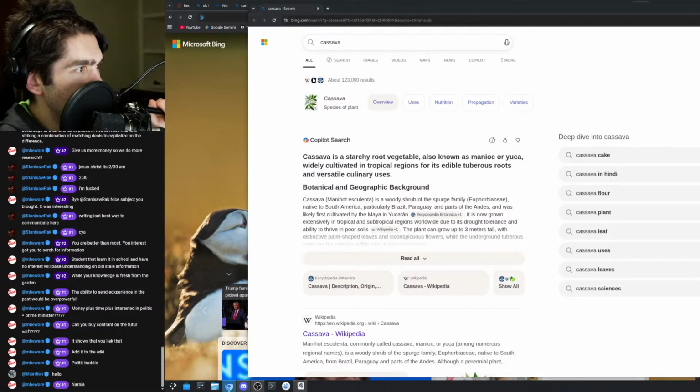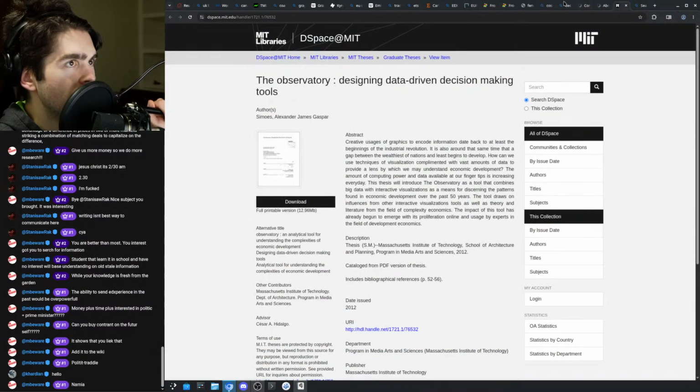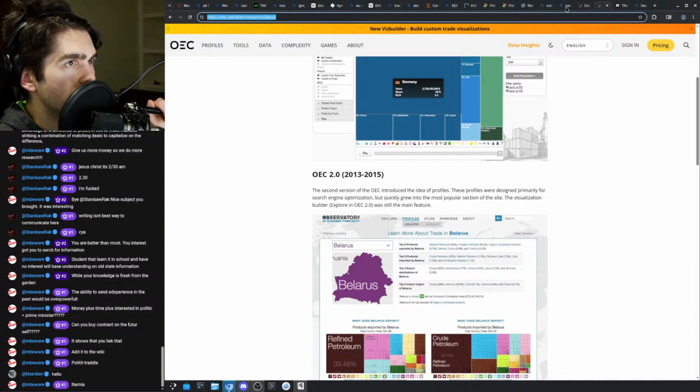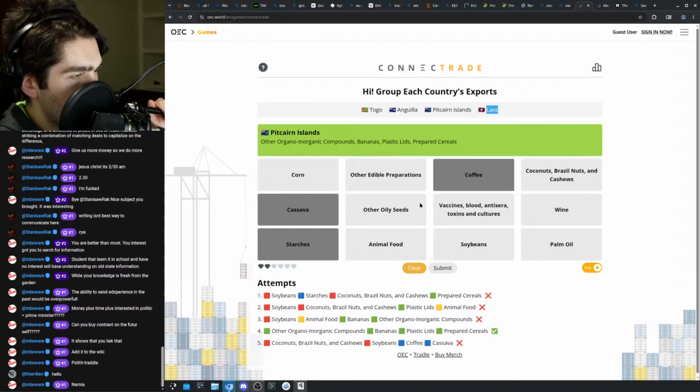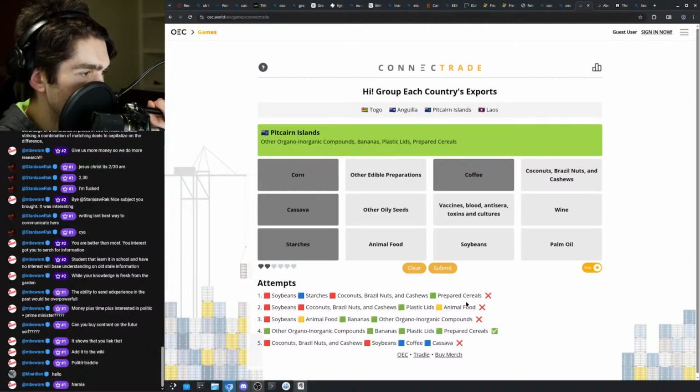A species of plant, a starchy root vegetable from tropical regions. Okay, I've spoiled myself big time on this one. Where is my Tradle? So we're talking about Anguilla. Okay, cool. What other thing? Oh, corn, right?